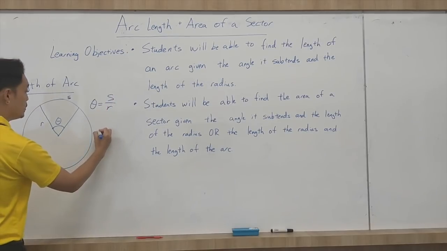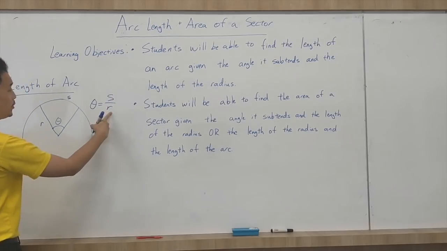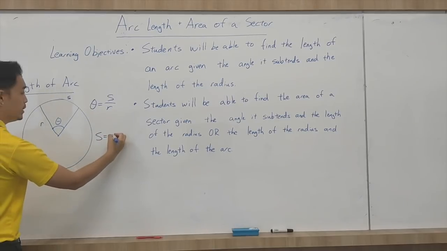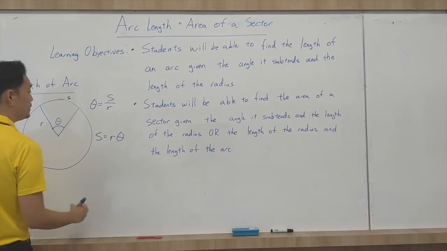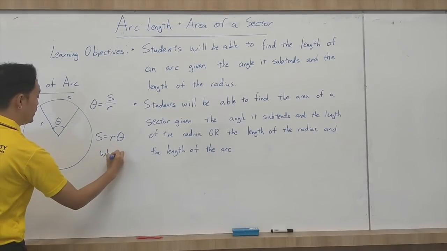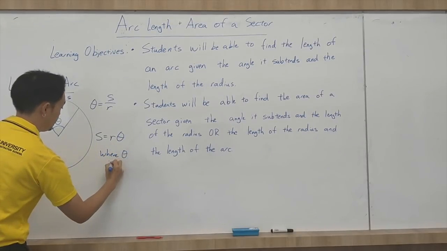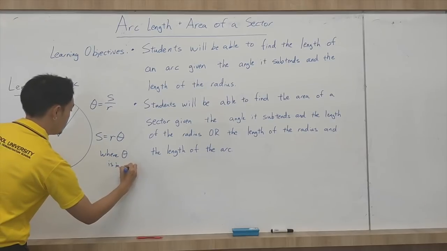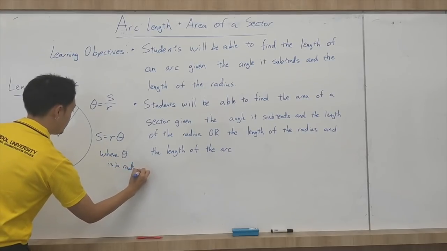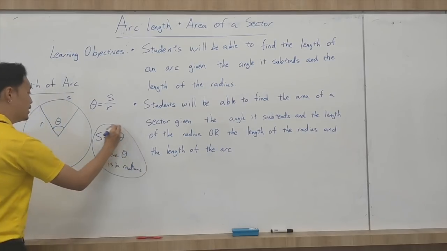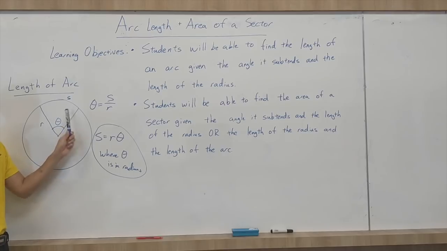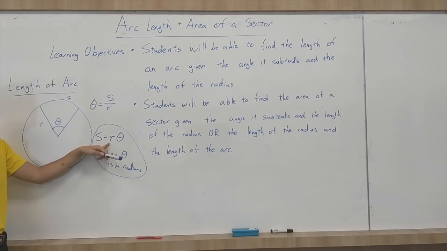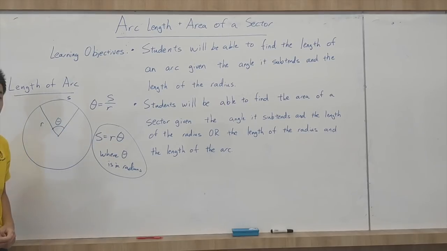If I multiply this r over to the other side, I'm going to end up with s equals r theta, where theta is the angle in radians. This is our first formula, which helps us find the length of the arc if I give you the length of the radius and the angle.